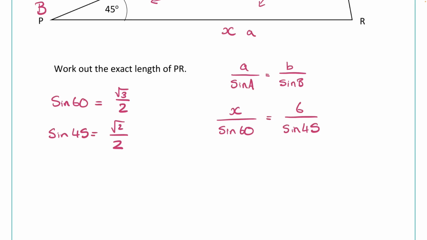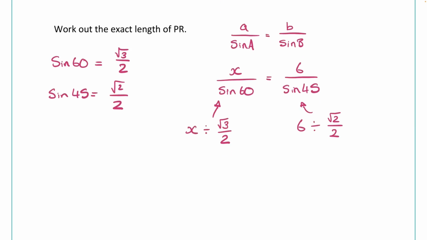Now in both of these, that just means that we have a division that we have to do. So if we look at the one on the left to start with, we have x divided by sine 60, which is root 3 over 2. And on the right, we have 6 divided by sine 45, which is root 2 over 2. So we can apply our fraction rules here.